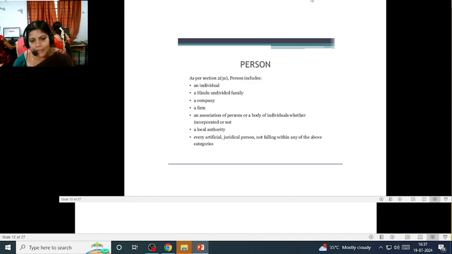There are five types of persons who are liable to pay tax to the income tax authorities. The first one is an individual, the second is HUF, Hindu Undivided Family, the third is a company, the fourth is a firm, and the fifth is an association of persons or body of individuals, whether incorporated or not, any artificial juridical person, and local authority.